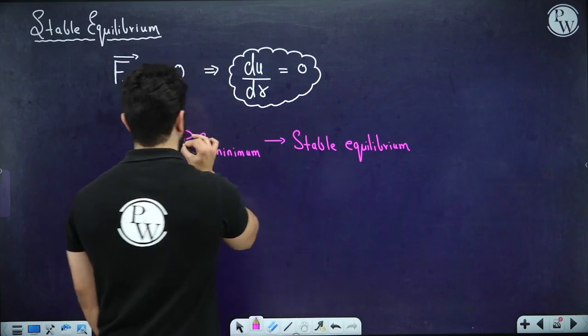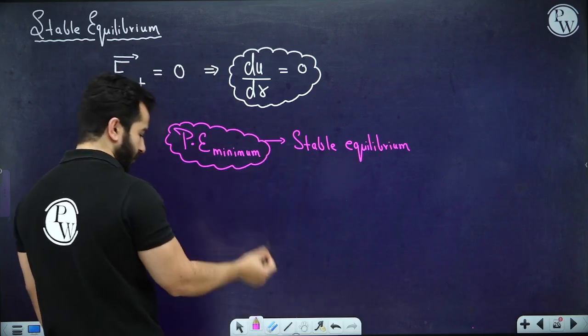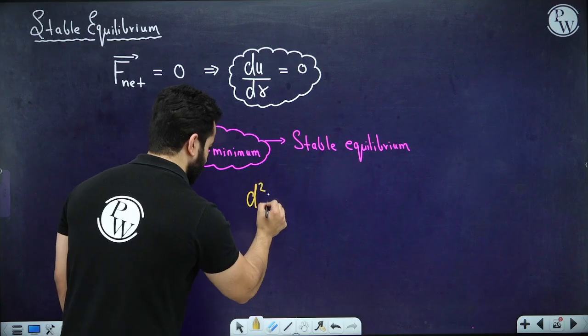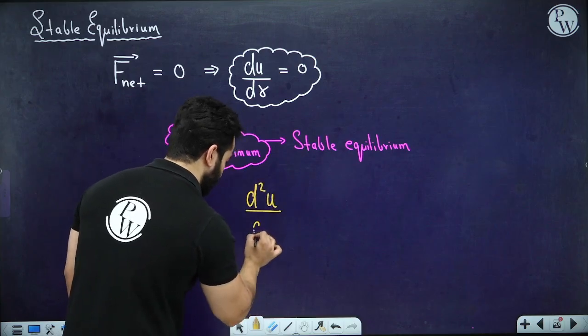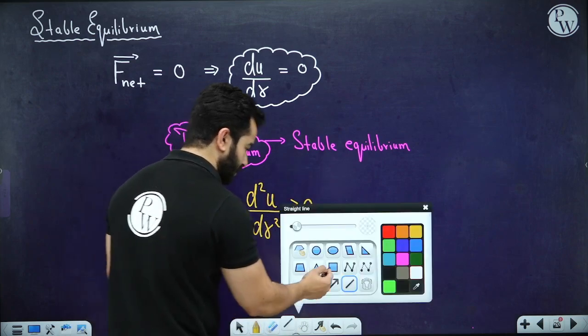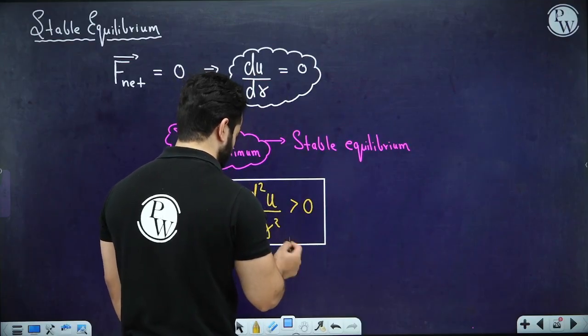This is the thing. And if you want to rewrite this in a mathematical way, that will be d2u by dr square greater than 0. That is, the rate at which the potential gradient changes should be positive.